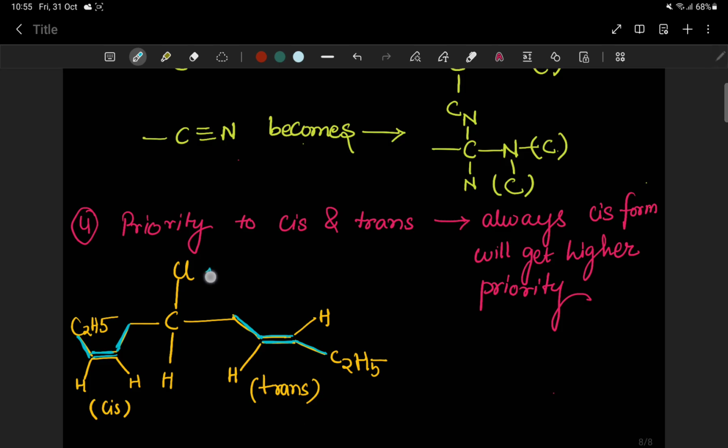The first priority obviously goes to chlorine, the next priority goes to C2H5, the third priority is this, and the fourth is this, and you move to the third position like this, 1, 2, 3. So finally you have an anti-clockwise rotation, that means S configuration.